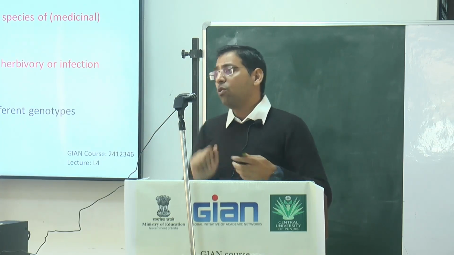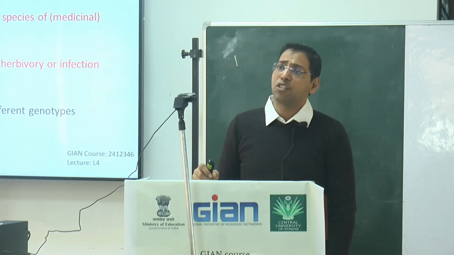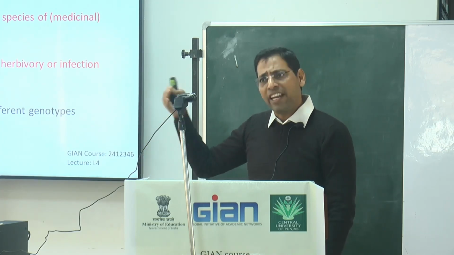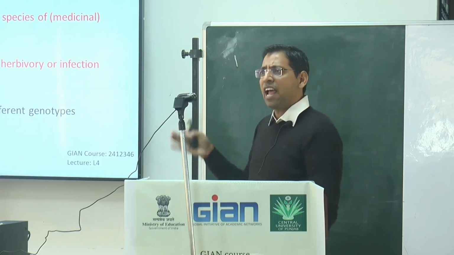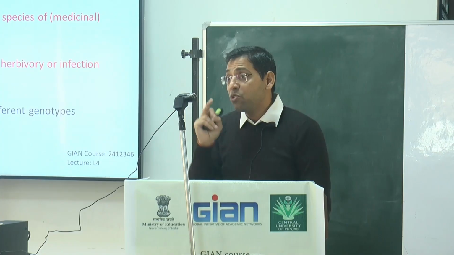So this is the first application, classification and characterization of the different species of plants. You can use this for any organism also. Everyone has its different biological signatures. That's why we can use NMR here also.